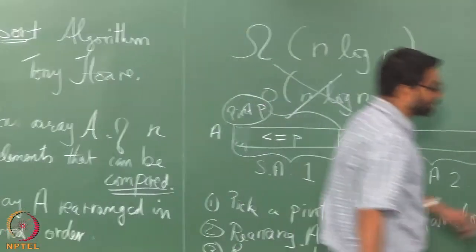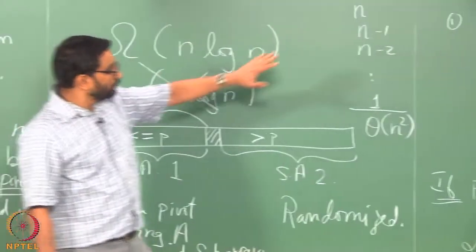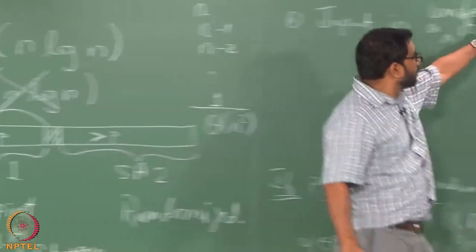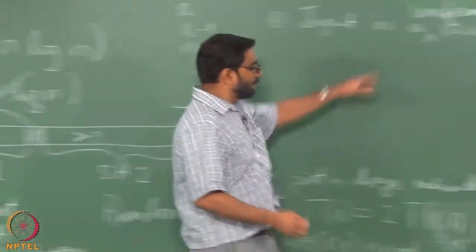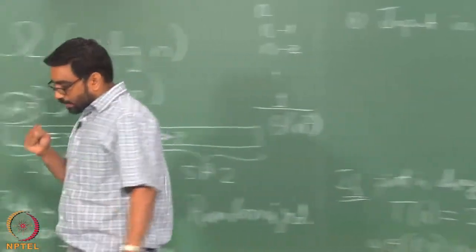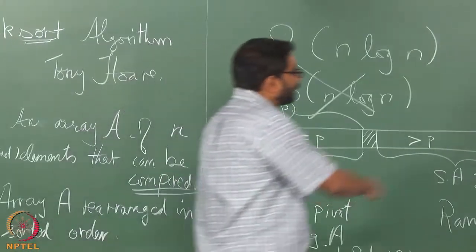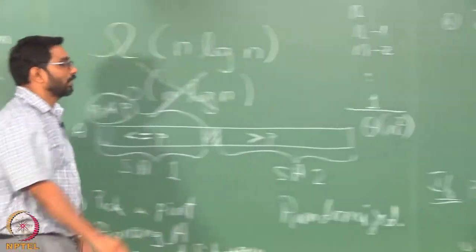We will still be able to get theta of n log n. So that gives us a lot of hope, because when we use randomization, we're likely to get the pivot element to be somewhere in the middle. So that gives us a hope that this will work, and it's in fact correct.